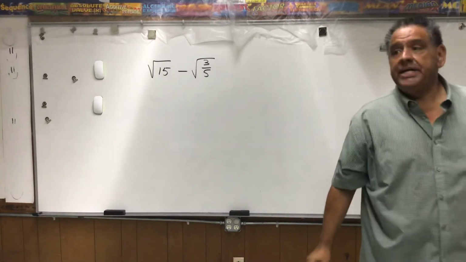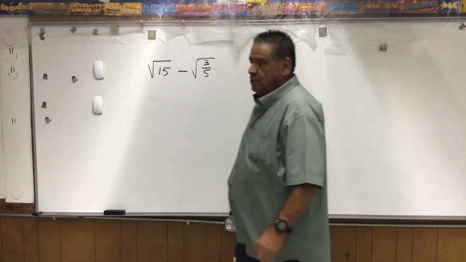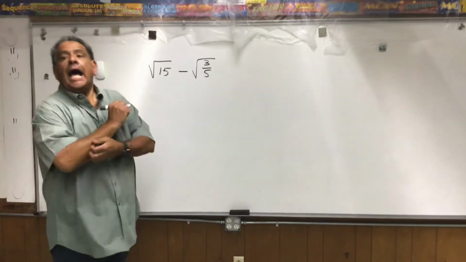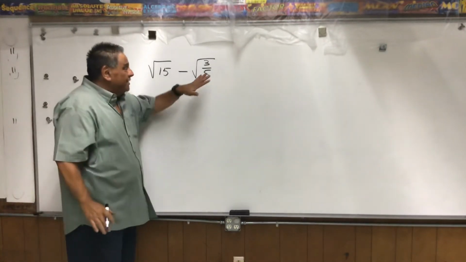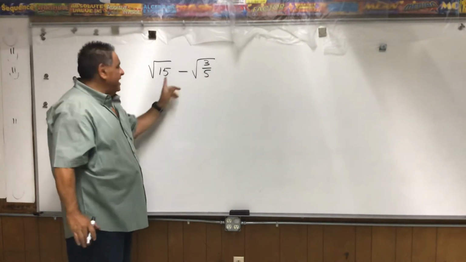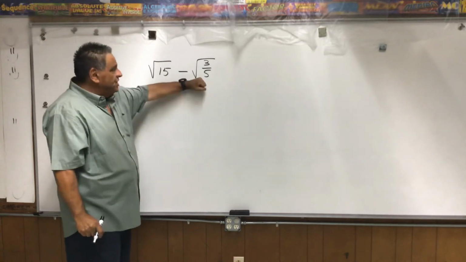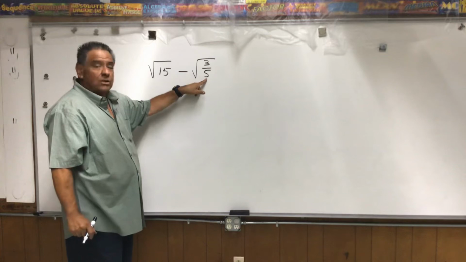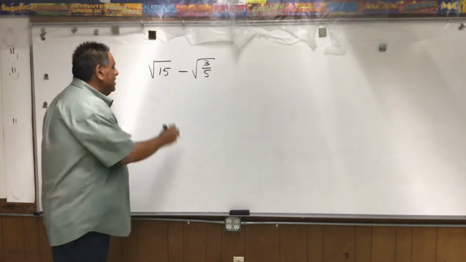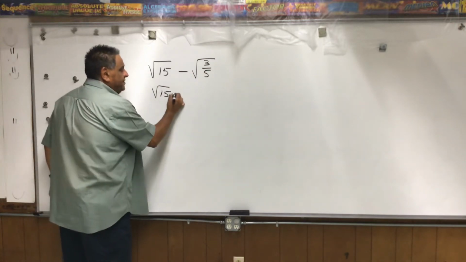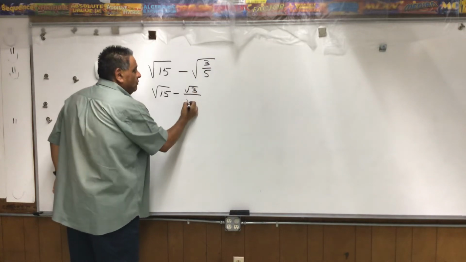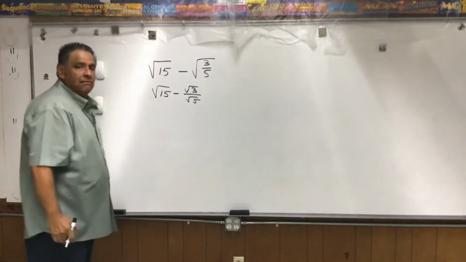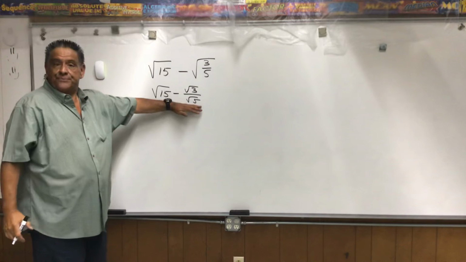So your first question should be, I can't subtract these two. This one especially because it has a radical in the denominator. Now you don't see a radical, but it is. This can be rewritten as radical 15 minus the square root of 3 over the square root of 5. Can't do that.